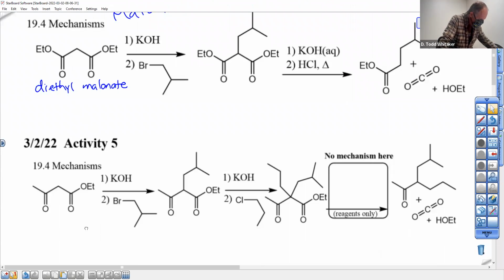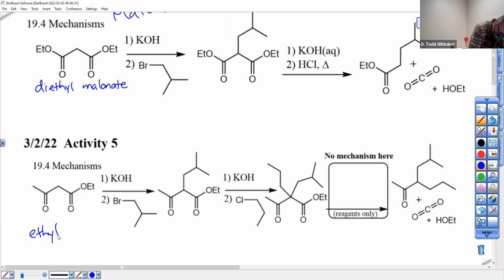And down here we have ethyl acetoacetate.